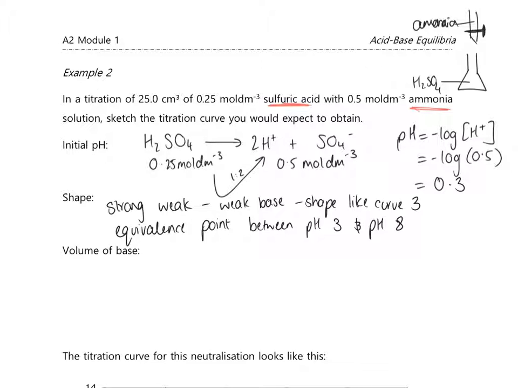For the volume of the base, we need to write our equation for what's happening in our titration first of all. What do we get when we react sulfuric acid with ammonia? Ammonium sulfate, fantastic. That means a strong acid, weak base. Ammonium sulfate is what we're going to produce.